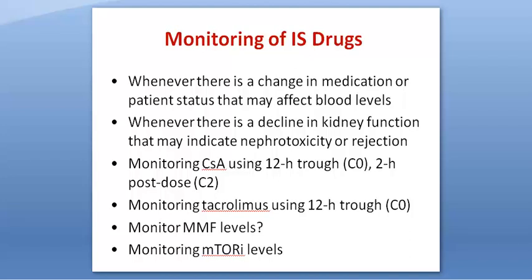Monitoring cyclosporin uses the 12-hour trough level or C0, or 2 hours post-dose C2; monitoring tacrolimus uses the 12-hour trough levels. Some centers might monitor the CellCept or Myfortic levels, and the mTOR levels should be monitored as well.